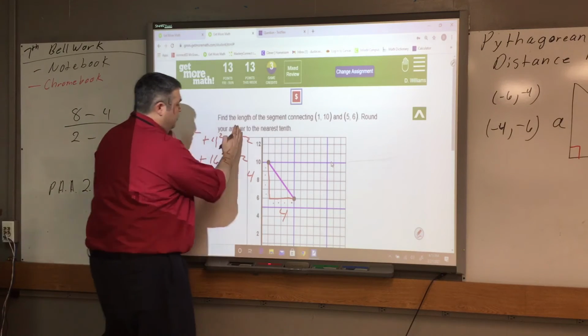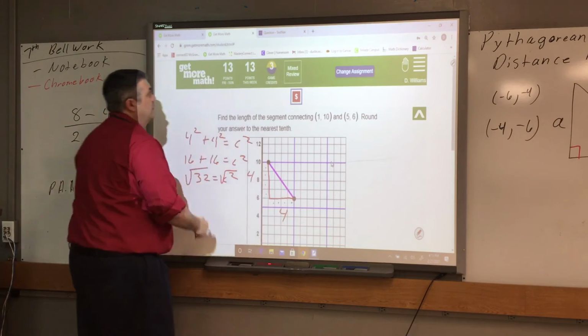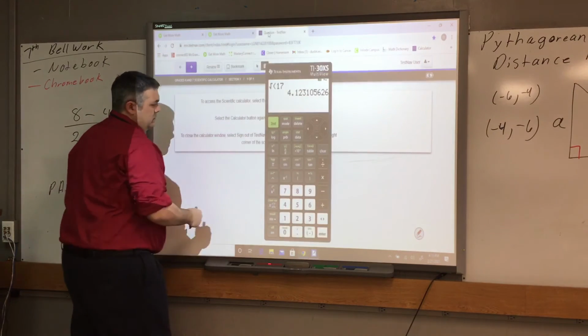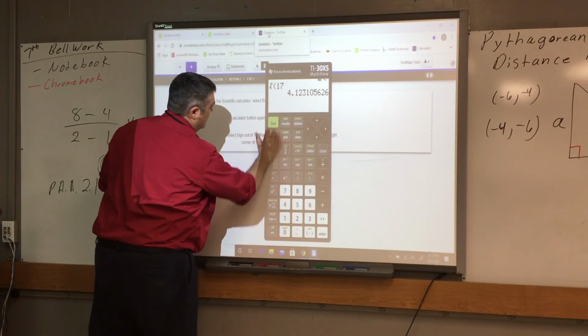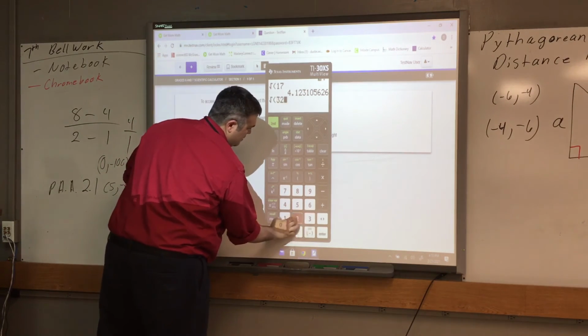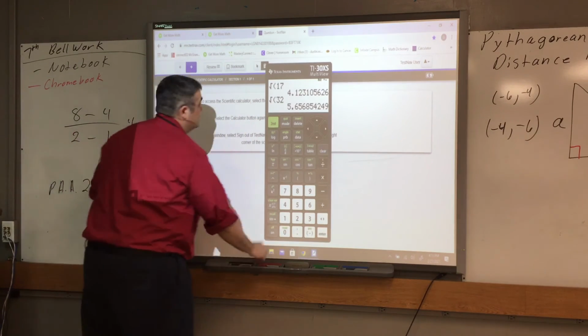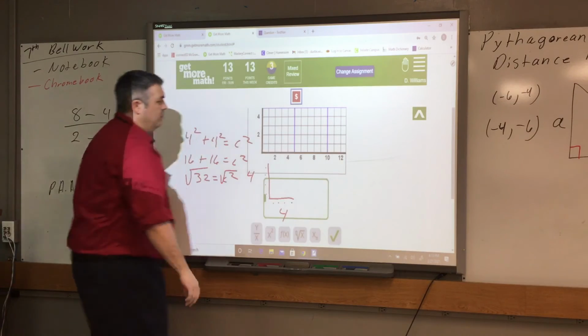And again, I'm going through this part fast because you should know how to do that. This part's what I'm worried about. Square root of 32. 5.7. So here should be 5.7.